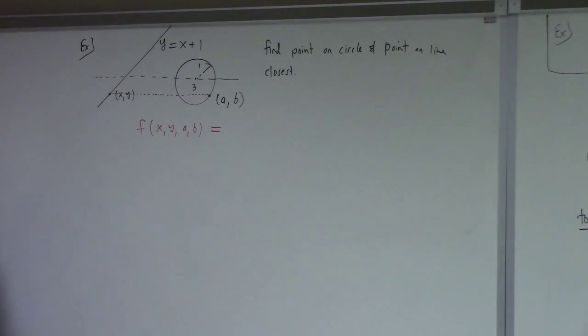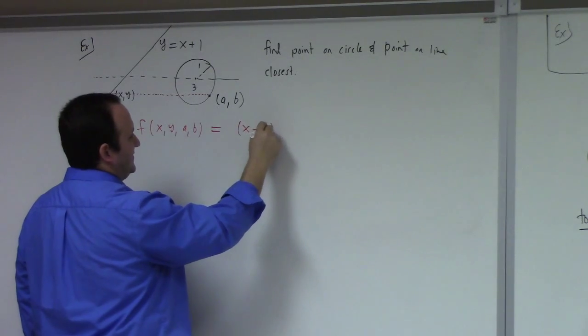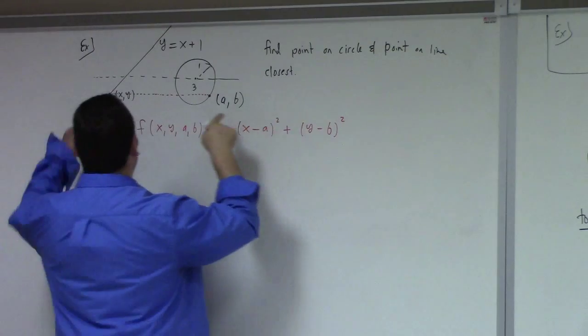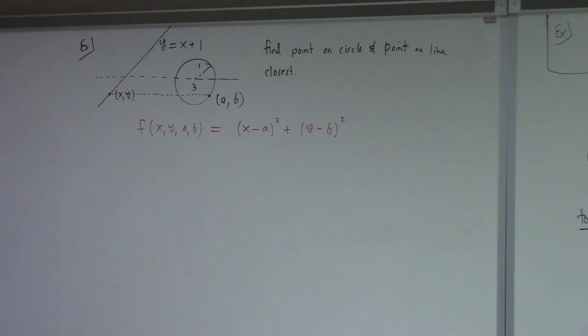This is a problem brought to us by 2 dimensions, but a 4-dimensional approach is warranted, because you need 4 dimensions to put both the circle and the line basically independently. What we're trying to minimize is x minus a squared plus y minus b squared, the distance between these 2 points squared. And that's subject to what constraint?